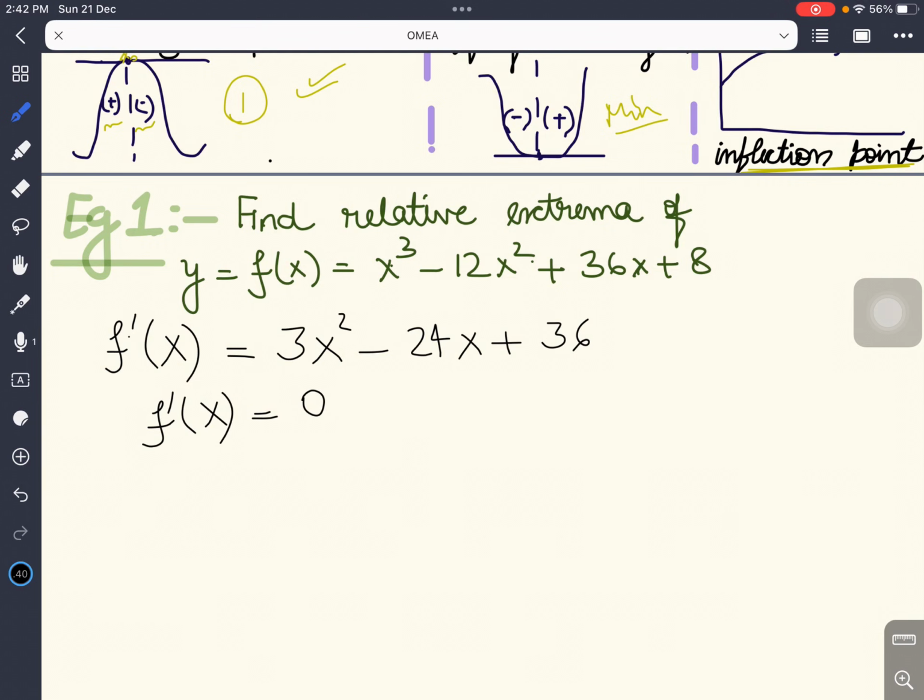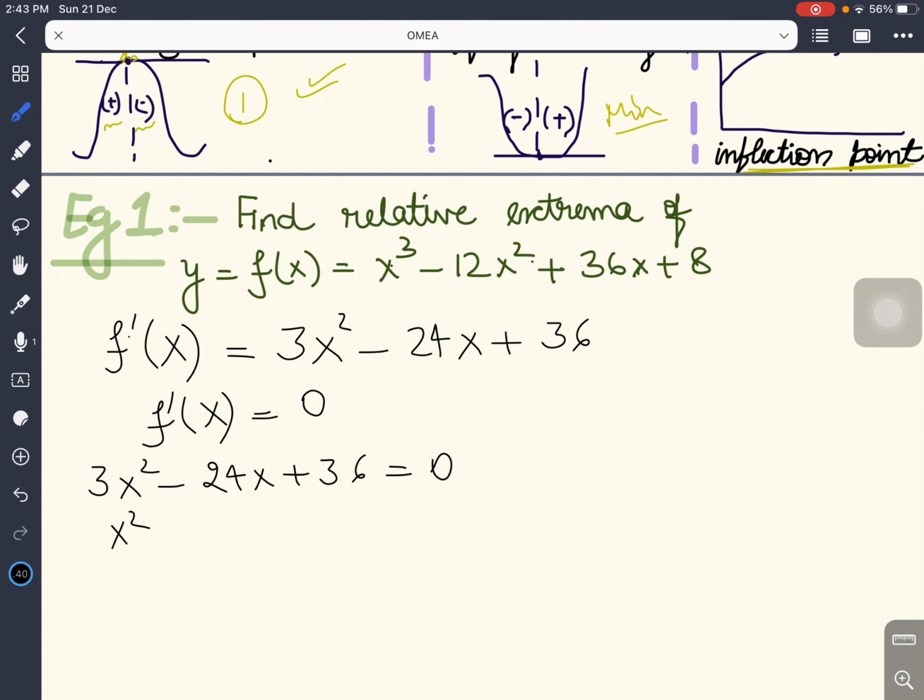We are going to set this quadratic function equal to 0 and get the quadratic equation. So this is 3x square minus 24x plus 36 equal to 0. Either by applying the quadratic formula or by factoring the polynomial, we can find its solutions or roots.